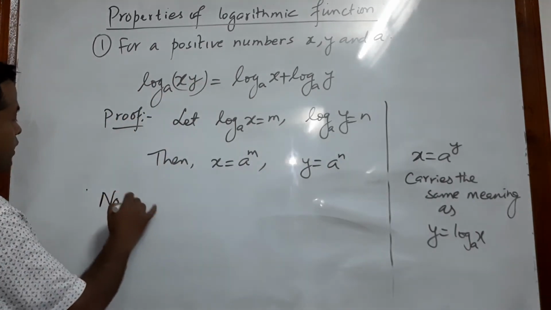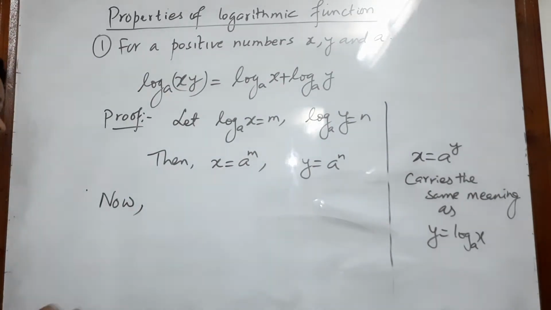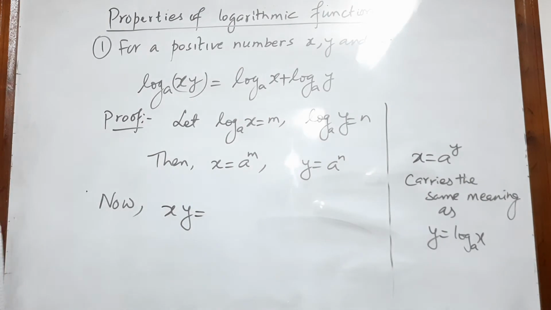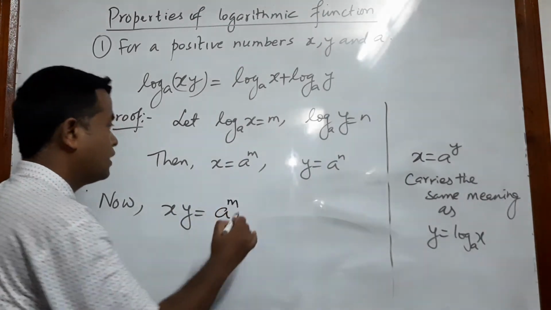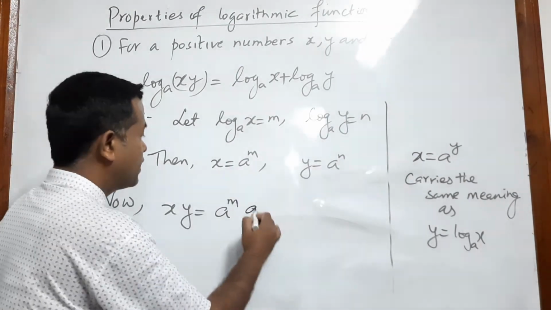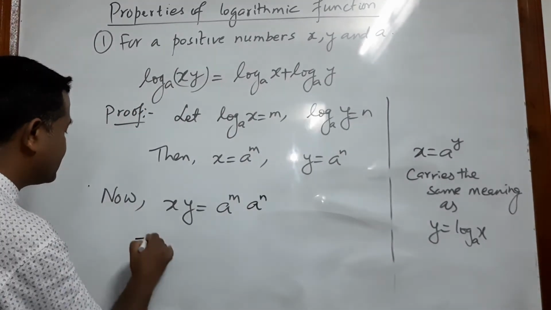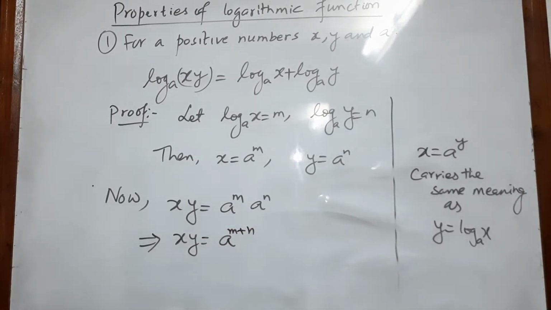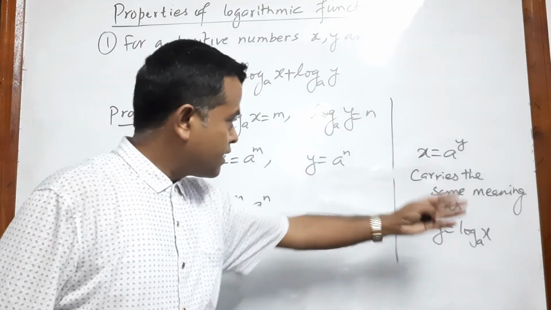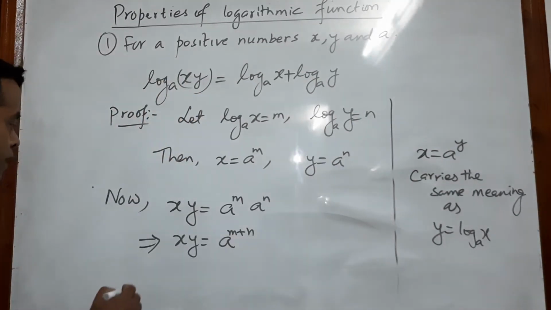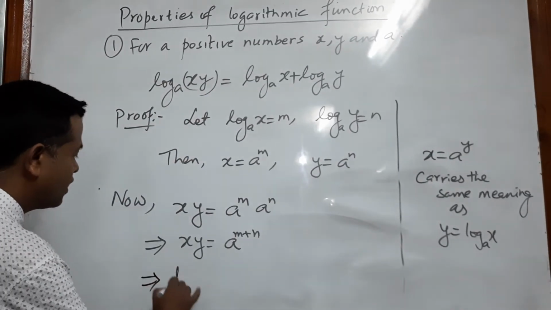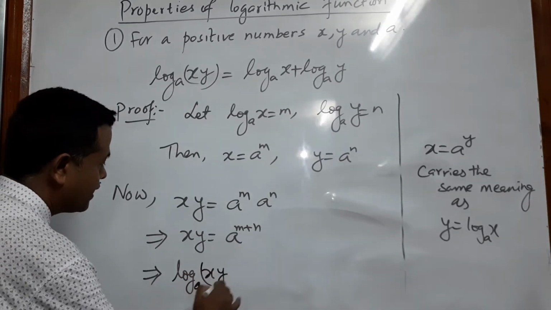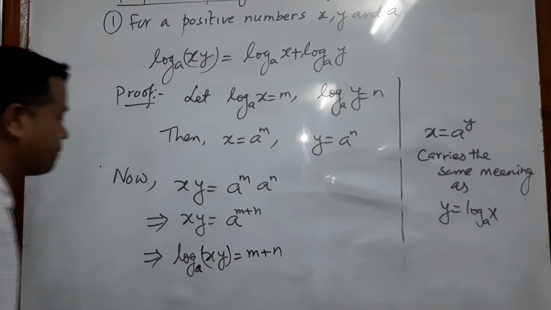Now let us find the product of these two. x times y will be, x value from here is a to the power m, and y value from here is a to the power n. And now this implies xy equals a to the power m plus n. So this and this meaning is the same. So using this meaning, it implies log of xy with base a equals m plus n.